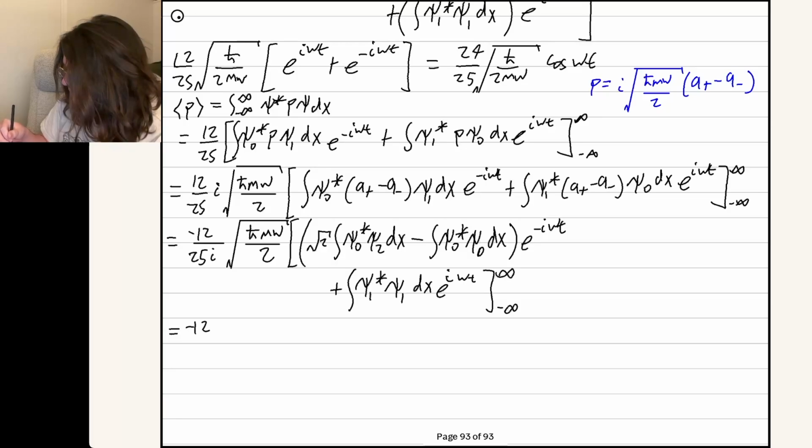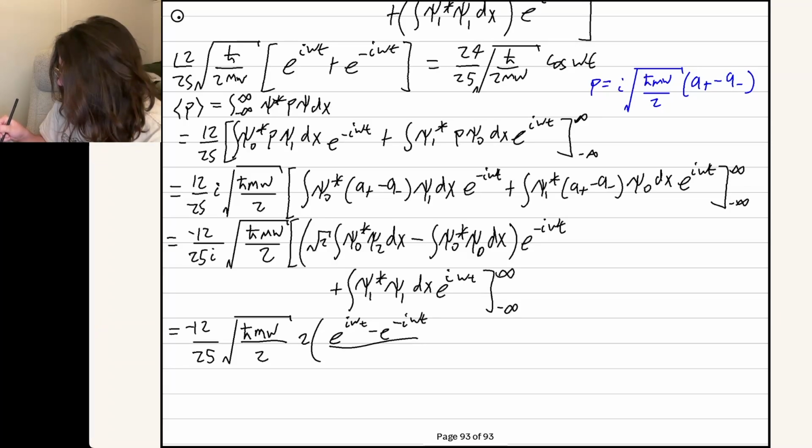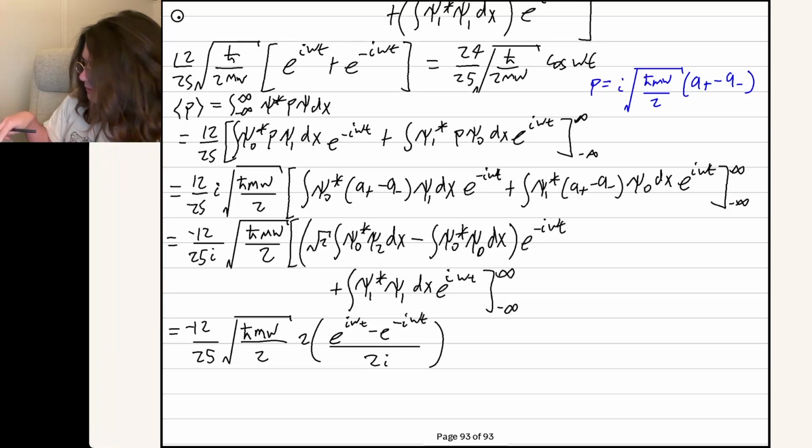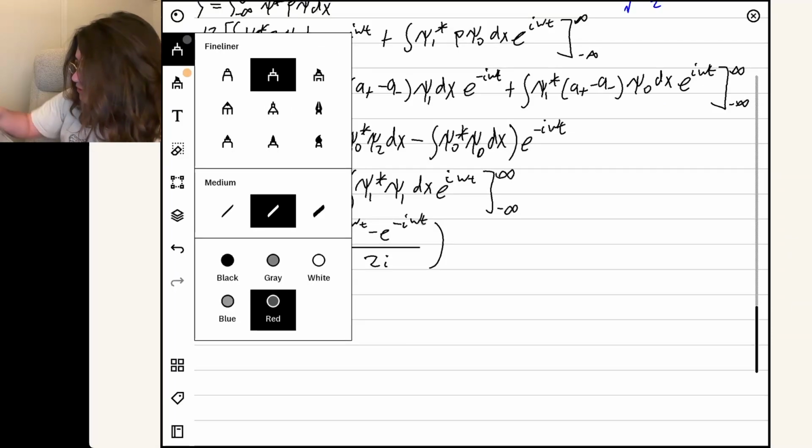So this time, factoring out an additional factor of 2, we just have e to the i omega t minus e to the minus i omega t, all over 2i. And that is actually the definition of the sine function.